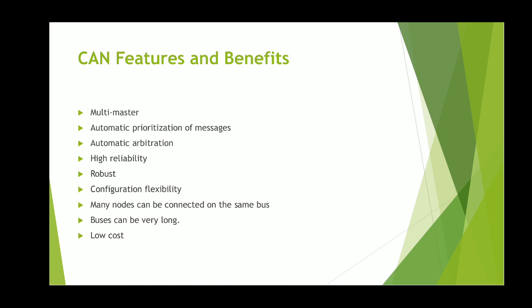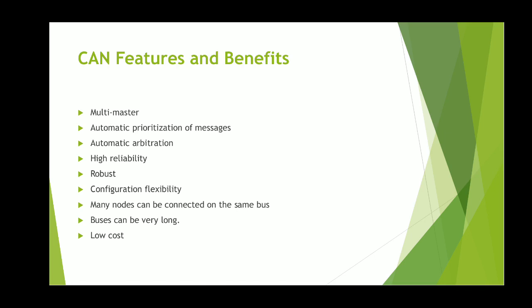It also offers high reliability over other types of communication standards, and this reliability is achieved by using various error checking and detection schemes in the CAN frame. It is also a robust standard because it can operate in very difficult electrical environments.